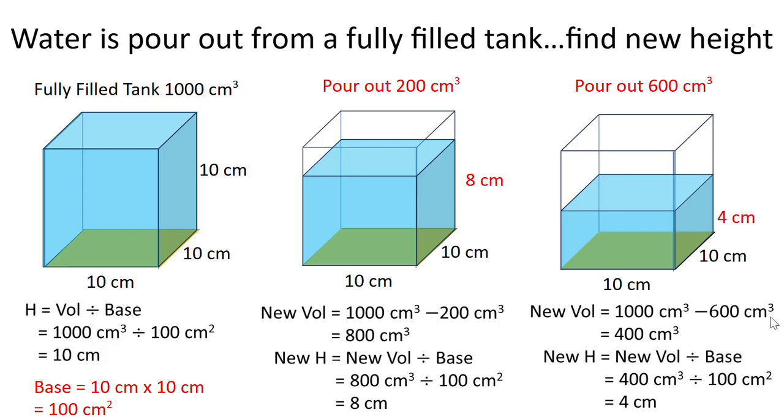You subtract 600 centimeter cube, you remain with 400 centimeter cube. So the new volume is 400. The base remains unchanged because it's the same container, so it's still 100. The new height is 4 centimeter. So this is how you find out the height of water in the tank when they pour out some of the liquid. Okay.